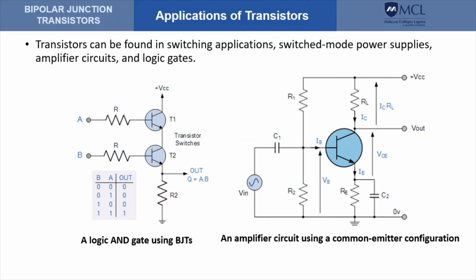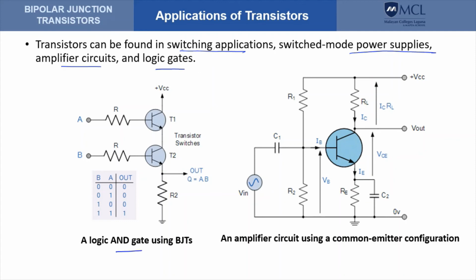I've listed here some common applications of transistors. These are the switching applications, power supply, amplifier circuits, and in logic gates. Here we have a transistor circuit that is used as an AND gate.